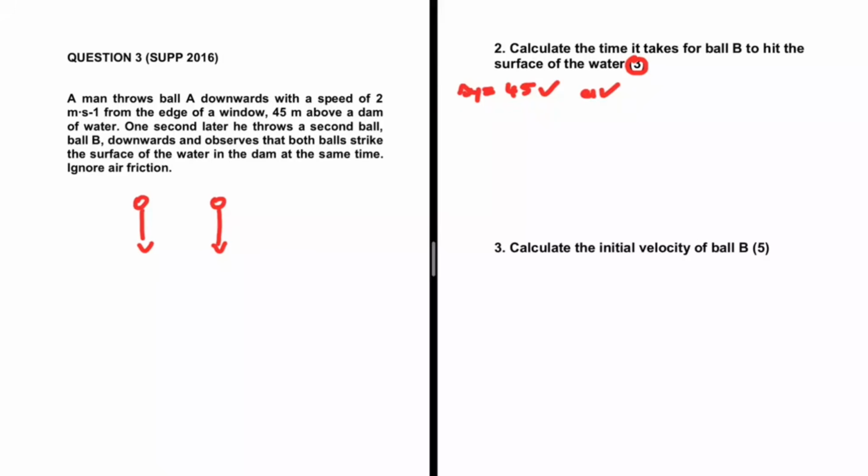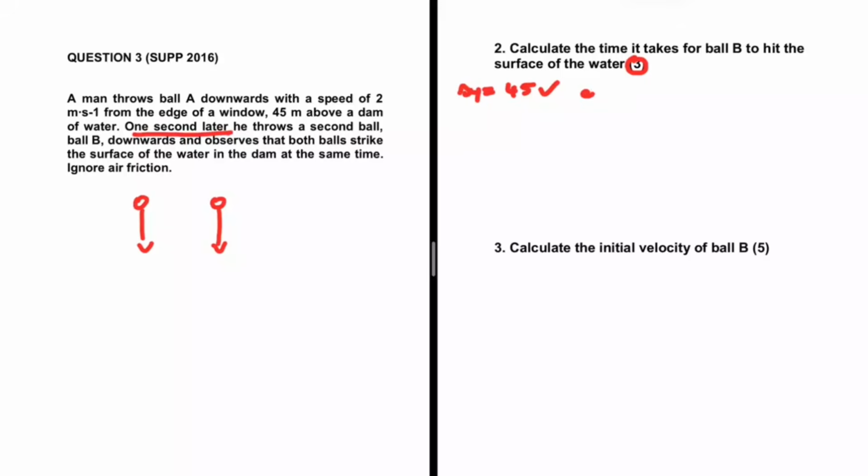So you cannot use ball B to find the time taken by ball B to hit the surface of the water. You actually have to use ball A by realizing that ball B is thrown 1 second later, but they strike the ground at the same time.